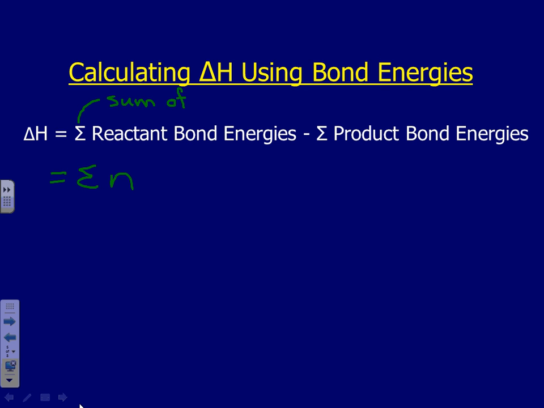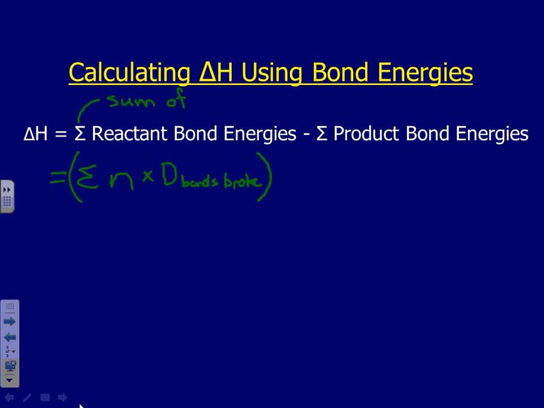And then they multiply it by D, and the D represents the bond energies. In this case, it's the D with a subscript, bonds broken. So it's n times the bond energy for the bonds that are broken. So it's the sum of those.